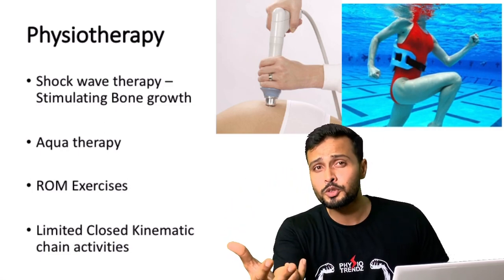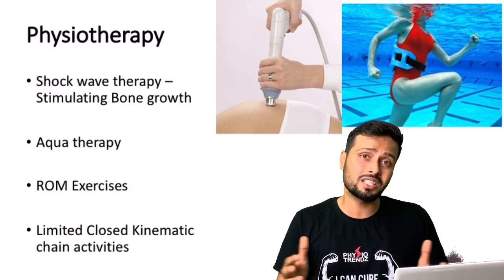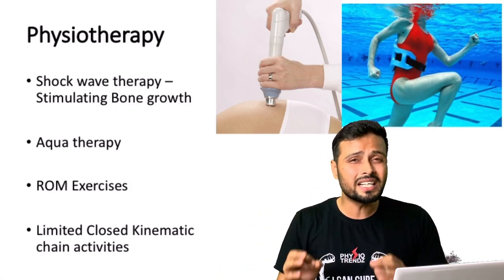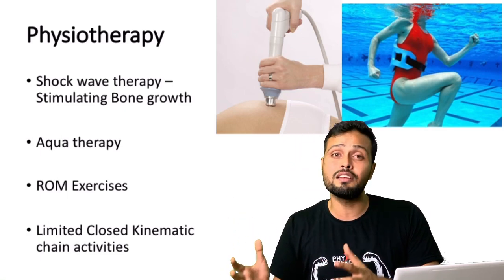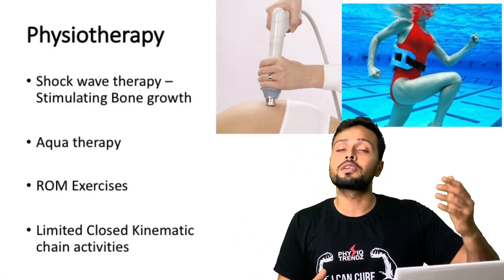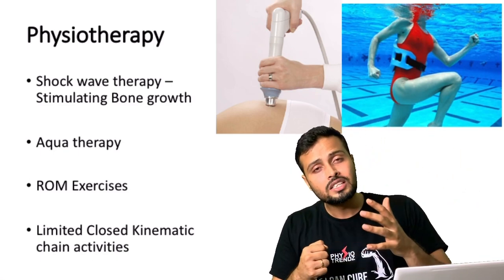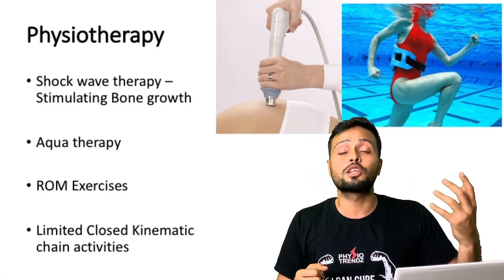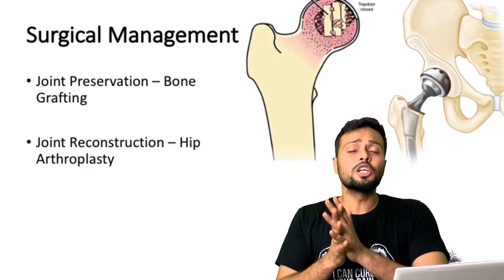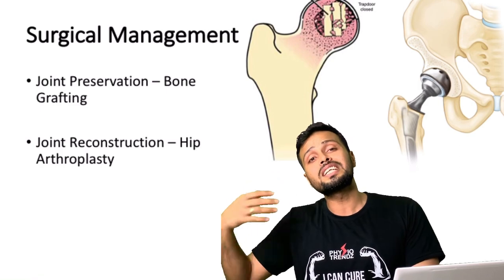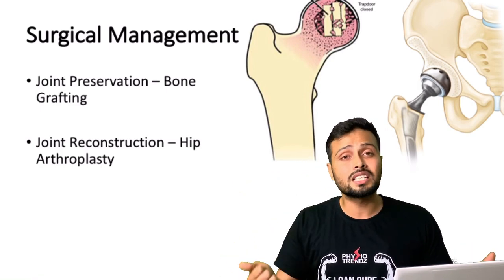We can give range of motion exercises to maintain range of motion, as well as limited closed kinematic chain activities, and not too much, because again we know that the bone is going for necrosis. If you provide more stress on the bone, it might go for a pathological fracture also. Apart from this, if it is going above stage 3, to stage 4, then we have the surgical option.